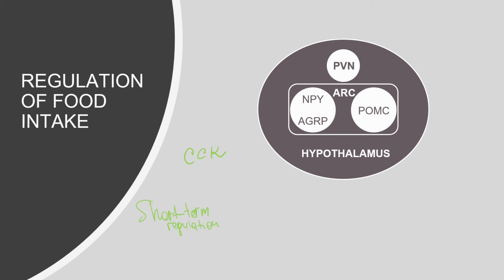Actually, why short-term regulations? Because they depend on whether our stretch receptors in our GIT tract are activated or not. So if they are activated, we've got CCK, and it has the potential to cause satiety, so it decreases our appetite.